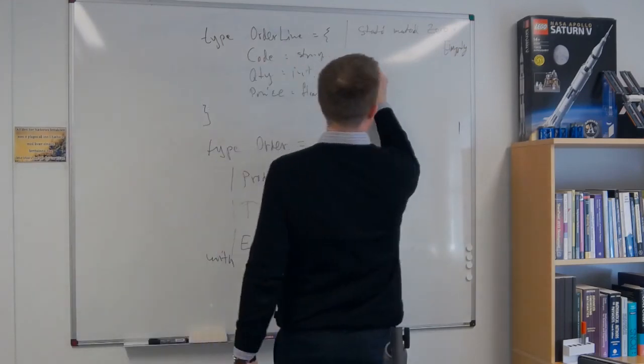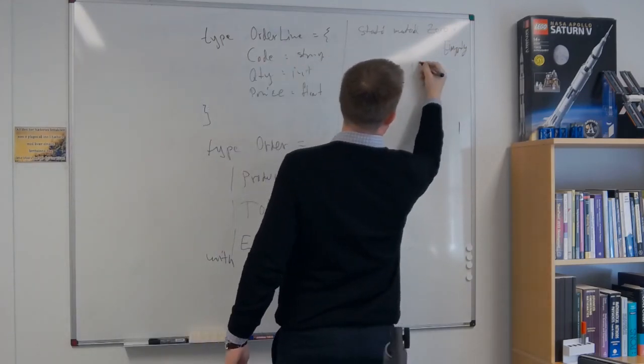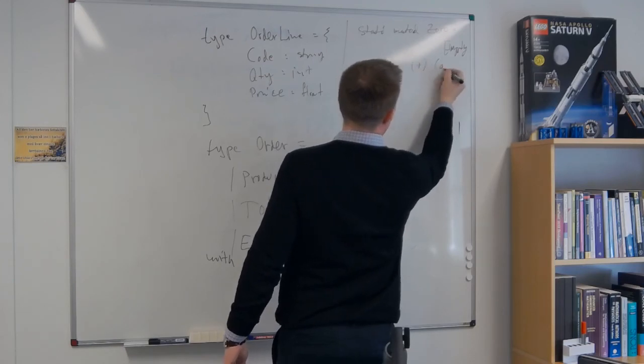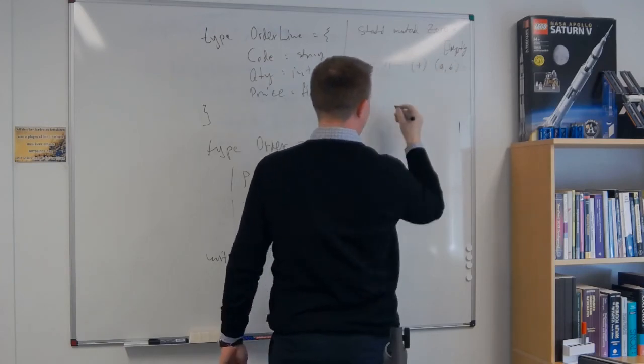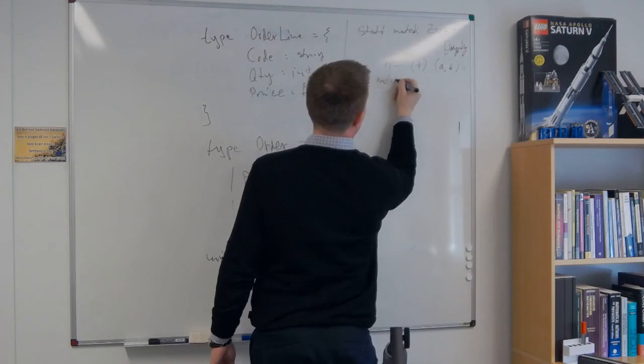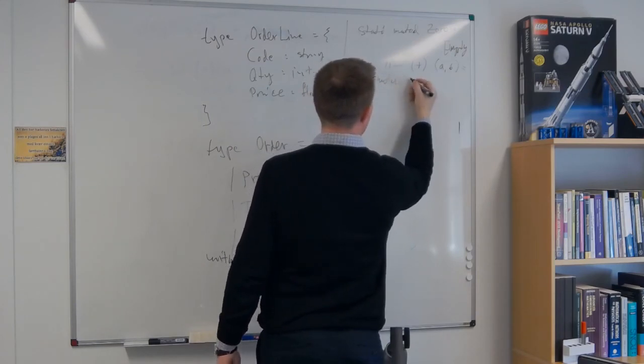And I can create a static method Plus A comma B, and then I can do pattern matching on these A's and B's.